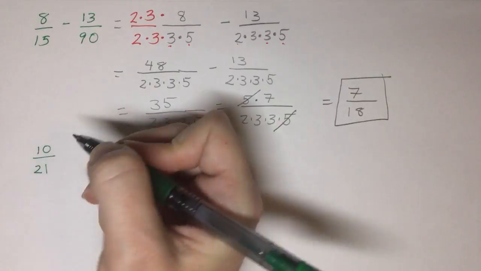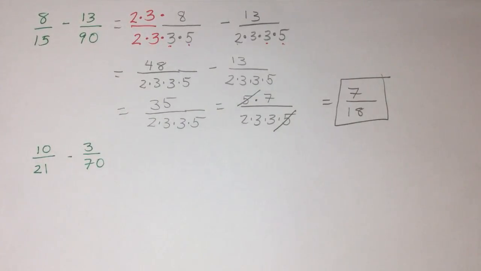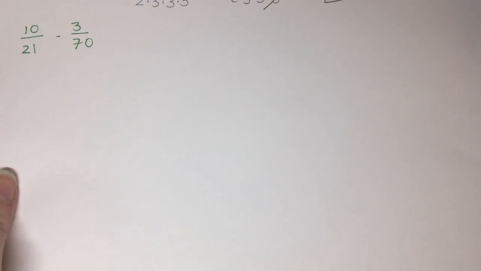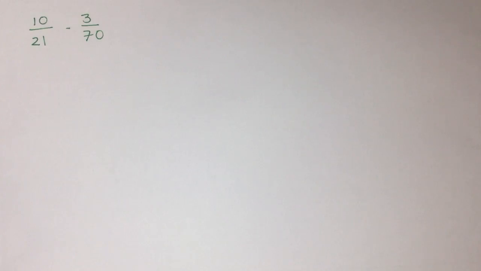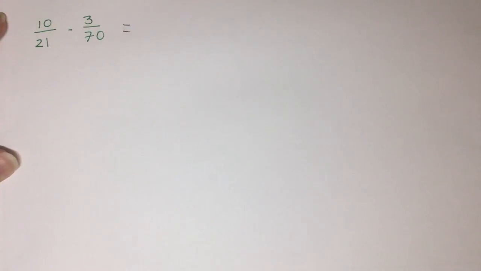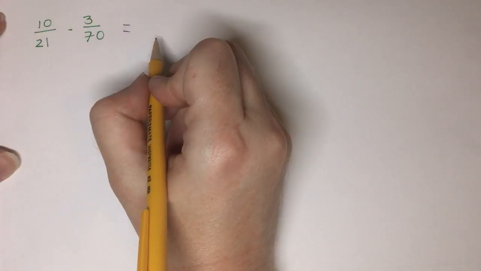Let's do one more. 10/21 minus 3/70. So 10 over 21 minus 3 over 70. Pause the video, try this on your own. So, to subtract fractions, I need to have like terms.